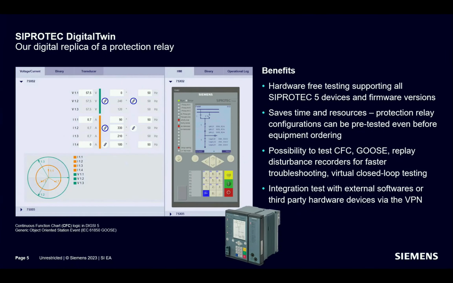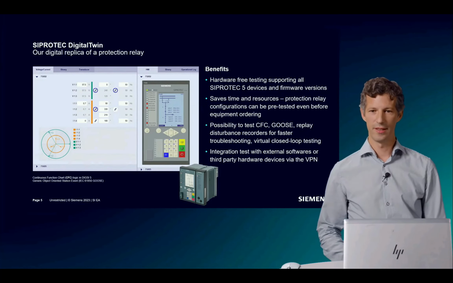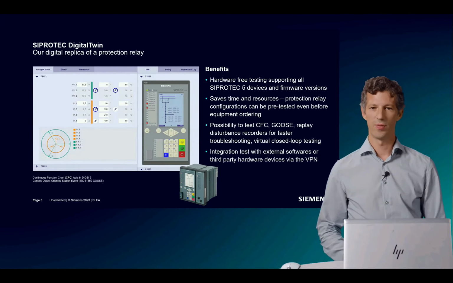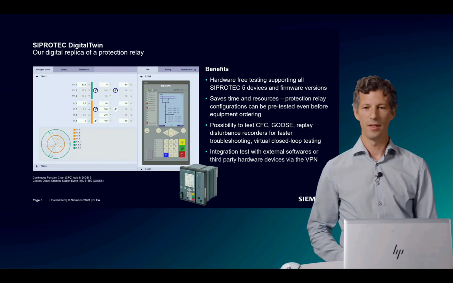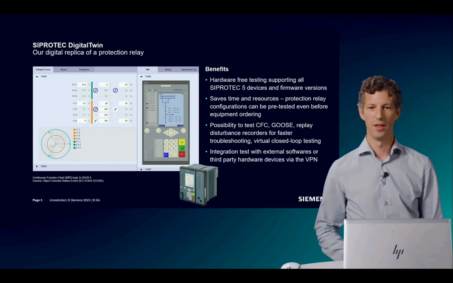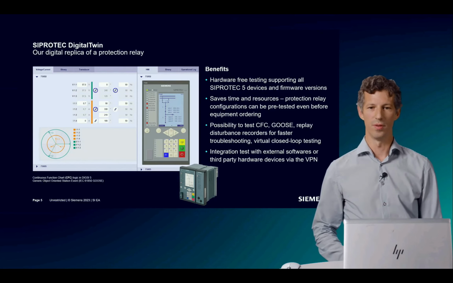In the first part of the presentation with CIPROTEC Digital Twin, I will introduce you to the possibilities of our digital replica of a protection relay. It enables hardware-free testing for any CIPROTEC 5 type device and any firmware version. It saves time and resources. Protection relay configuration can be pre-tested even before equipment is ordered and delivered.